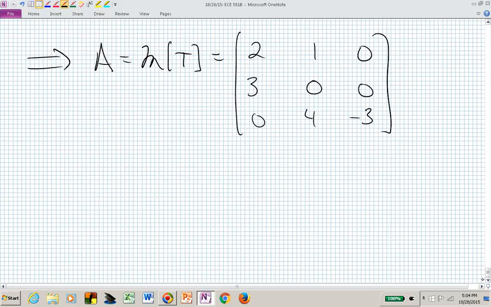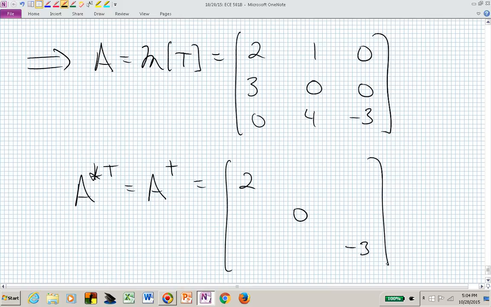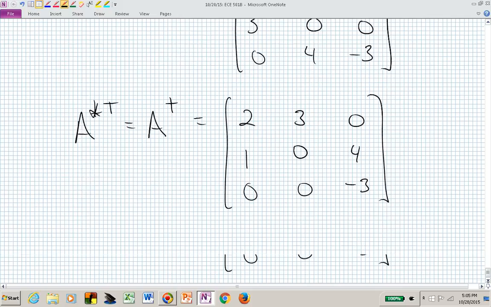Now I need to take the complex conjugate transpose of that, or I could say A dagger if I wanted to use a new notation. I can conjugate those pretty easily. They stay the same. Now I simply reflect across the diagonal. My diagonal stays the same. That's 2, 0, minus 3 down the diagonal. I have 3, 0, and to complete the first row. The second row is 1, 0, 4, and the bottom row is 0, 0, minus 3.